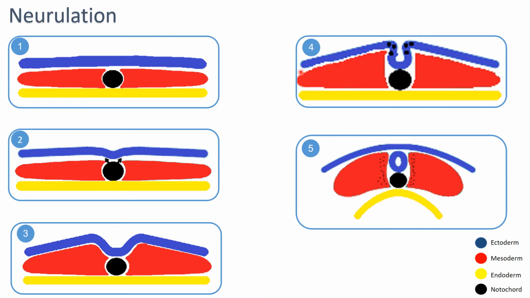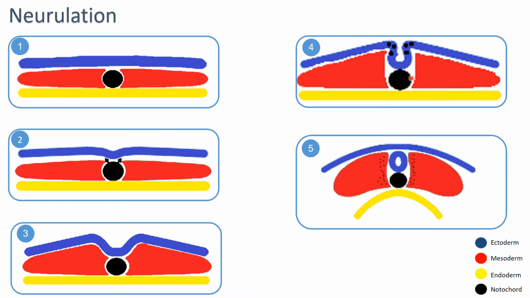Now, by the time you progress to image 4, you'll notice these little black specks that have appeared in the image. These top parts of the neural folds that will eventually come together are parts of the neuroectoderm that are brought towards one another to meet.